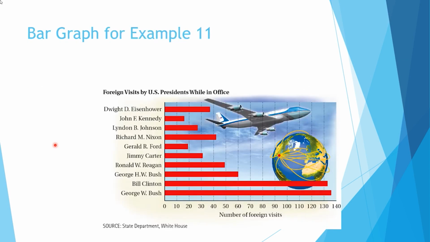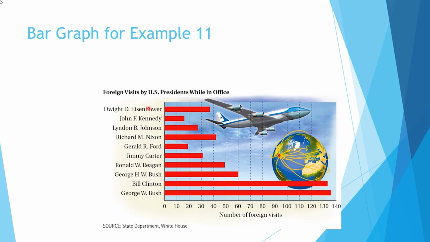So here's the graph. You have Eisenhower, Kennedy, Johnson, Nixon, Ford, Carter, Reagan, Bush Sr., Clinton, and Bush Jr., George W. All right, so that's the bar graph, and notice that these bars are separate.